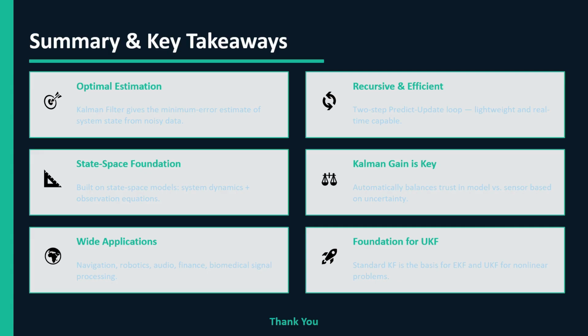The Kalman gain is the algorithm's intelligence. It automatically balances trust between the model and the sensor. It has widespread applications across navigation, robotics, signal processing, finance, and biomedical engineering. And it forms the foundation for more advanced nonlinear filters like EKF and UKF.